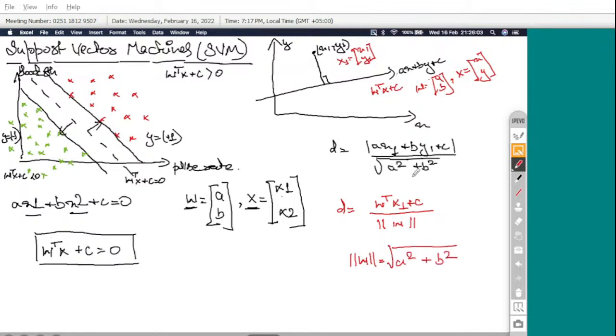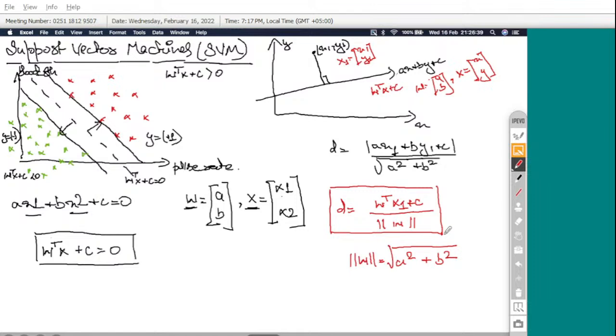We just represented the distance in terms of vectors, and that is how we calculate the distance, right? Understood? Crystal clear?